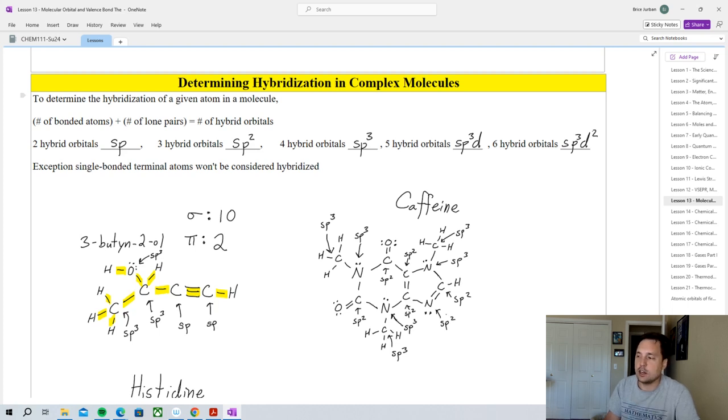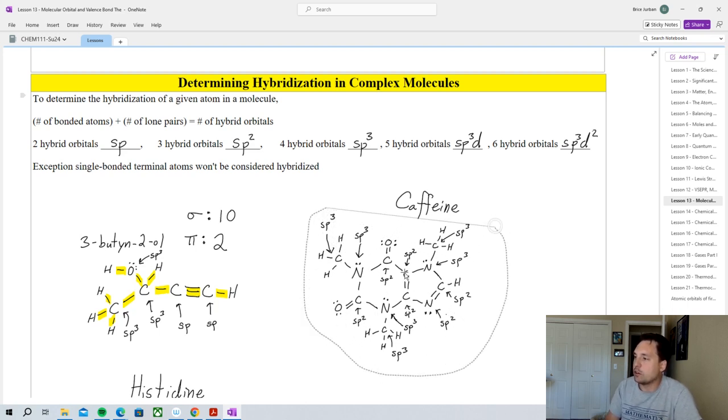It's got 2 atoms attached and a lone pair. For reasons of resonance, these other nitrogens that I listed in this ring system as sp3 are actually sp2 orbitals due to resonance effects, but we'll worry about that later.